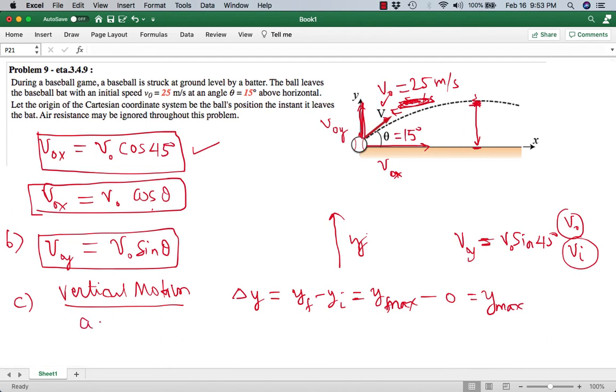And then a, for any vertical motion, is negative 9.8 meters per second squared. And for vertical motion, Voy, the initial vertical speed, is Vo sine theta, so that is 25 meters per second sine 15 degrees. Okay, you can find that.